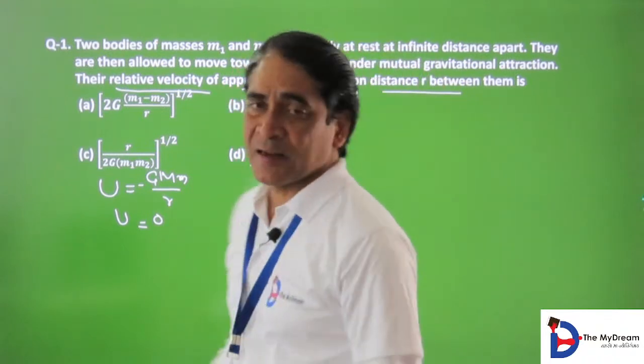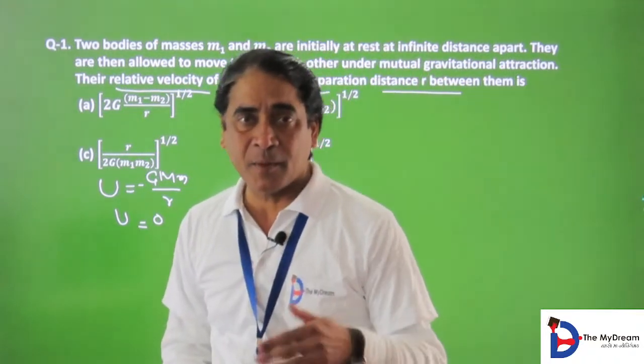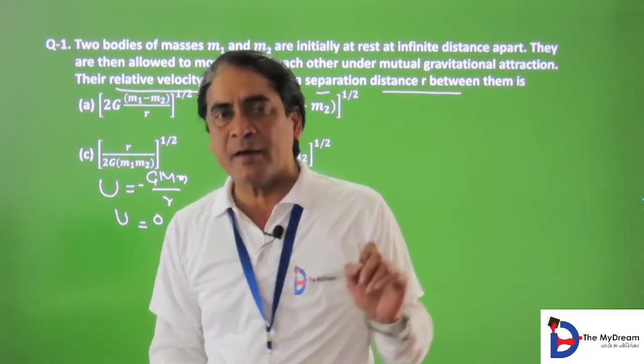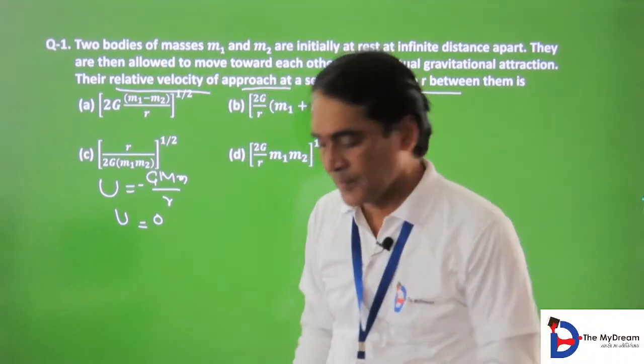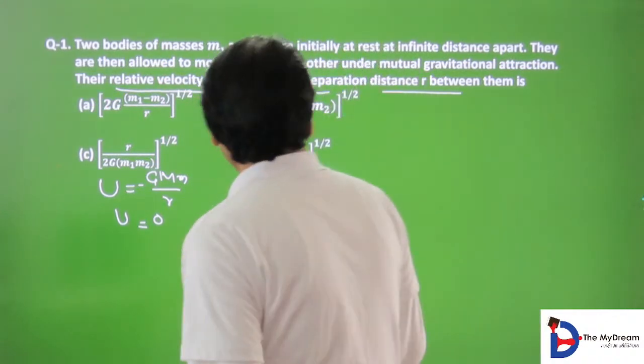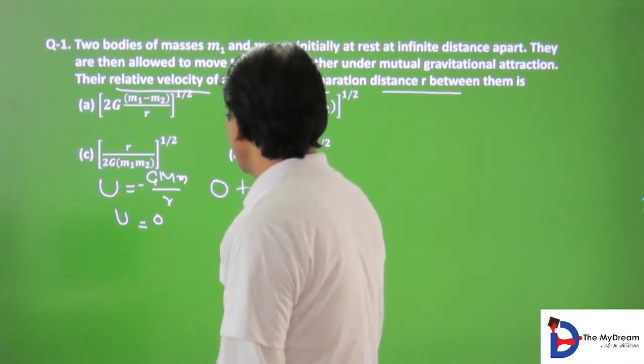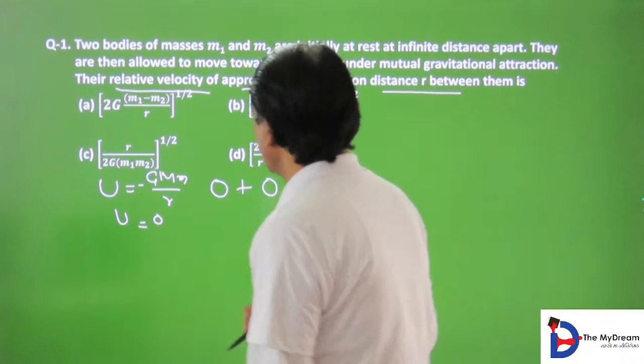Okay, we want to discuss the relative velocity. As we are talking about the relative velocity in this case, there is a reduced mass system. So, the initial kinetic energy is zero, the potential is zero.